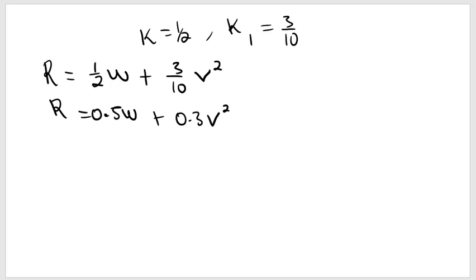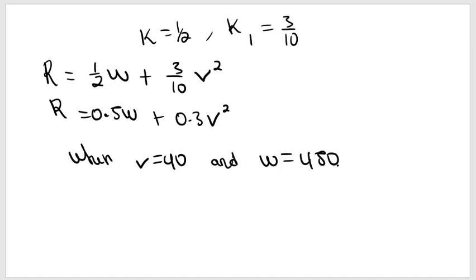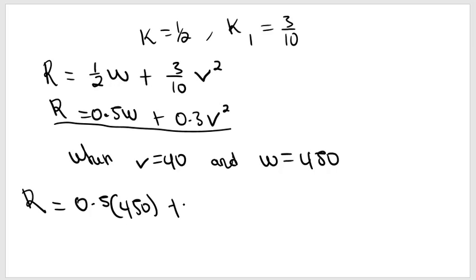So now when V is equal to 40 and W is equal to 450, the question wants us to find our R. So in this case, our R will be equal to, we are using this particular relation, R will be equal to 0.5 W, and the W is 450, plus 0.3 V squared, and the V is 40, so 40 squared.